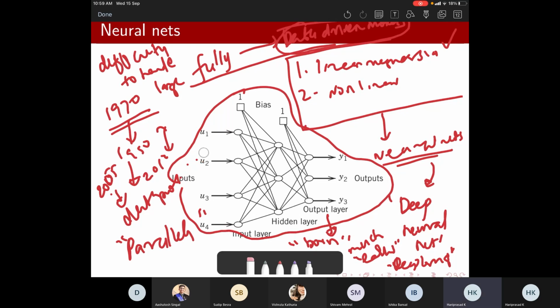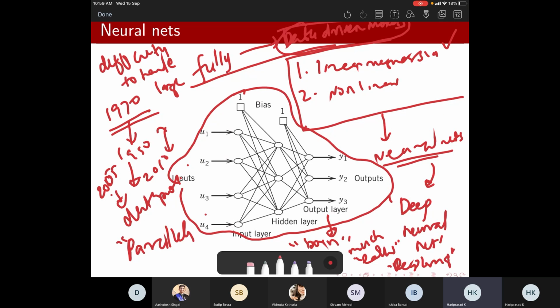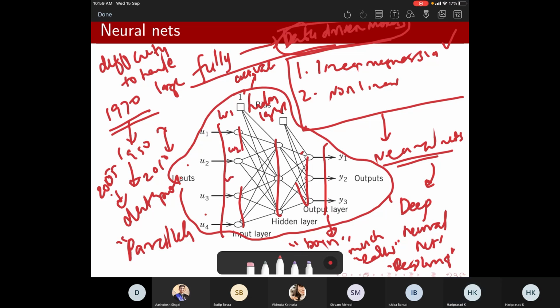I'm not going to go into the detail of how a neural net works. I think many of you might know. You have a lot of inputs, and these inputs are processed by means of weights and biases to get the output. Each of these layers is called a hidden layer, and each hidden layer has an activation function, which is non-linear.